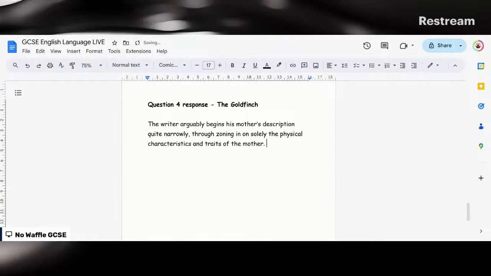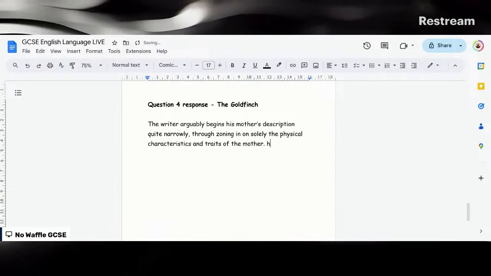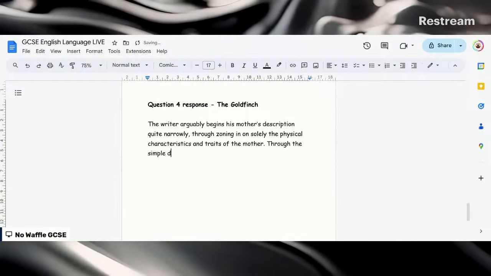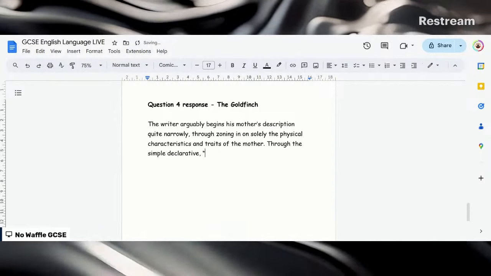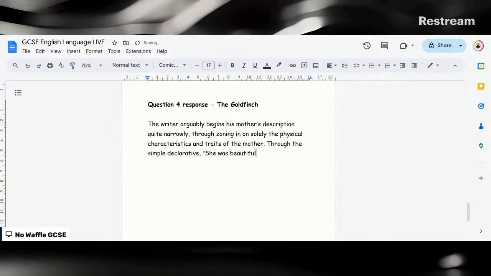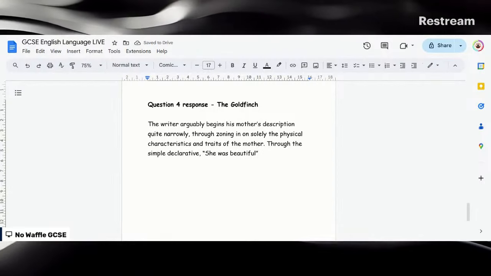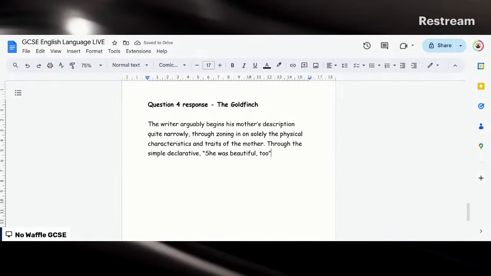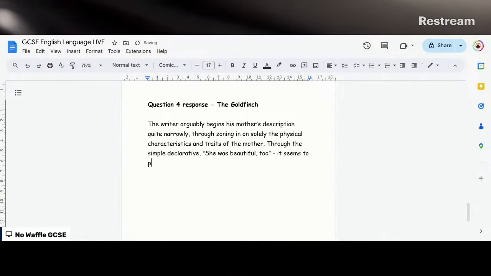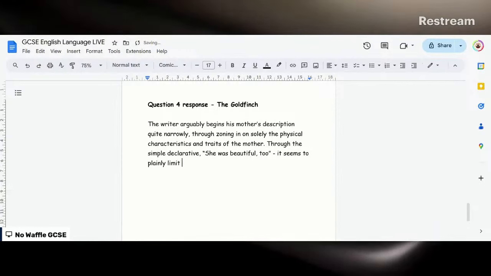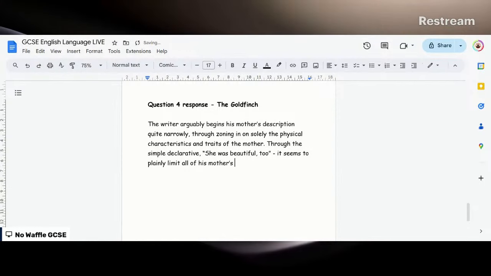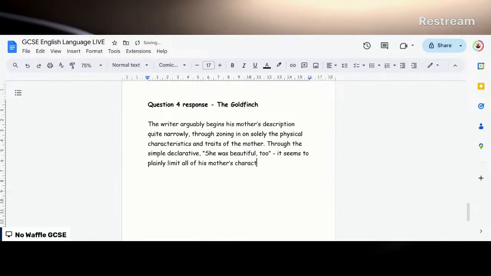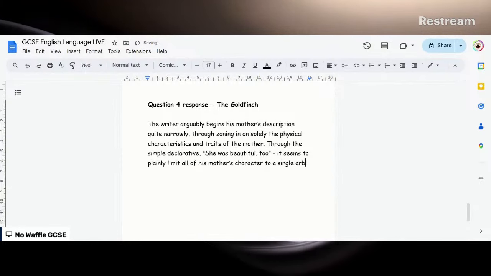Okay, so let's say, through the simple declarative, she was beautiful. And don't forget the to. Through that simple declarative, it seems to plainly limit all of his mother's charisma or character to a single arbitrary word.